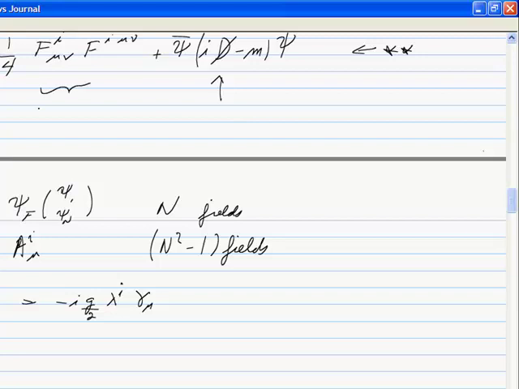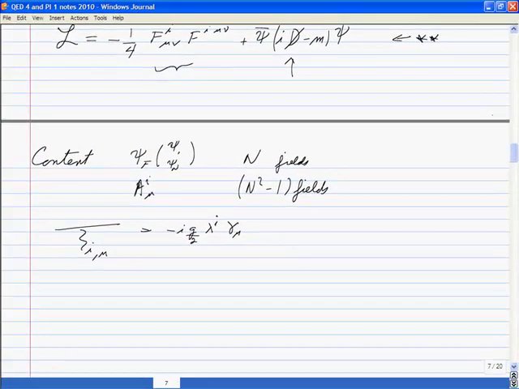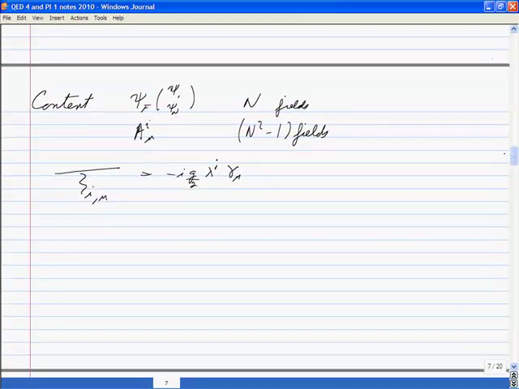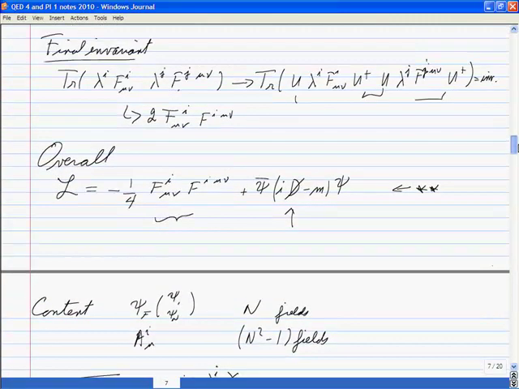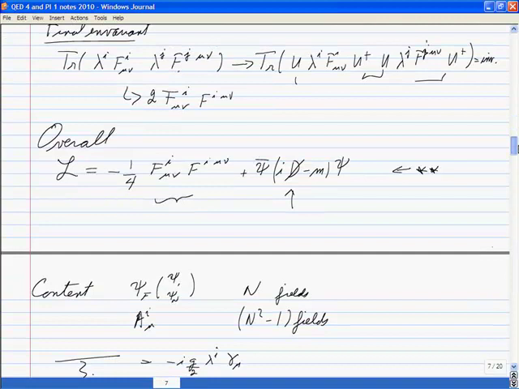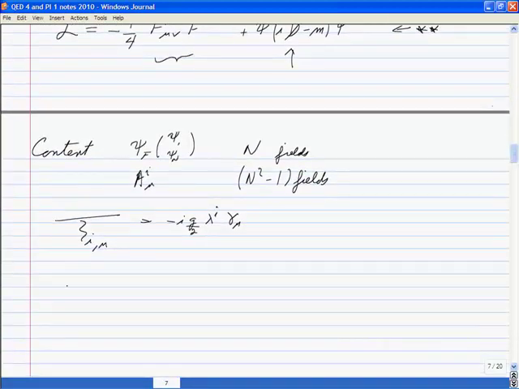And up there, there's also Feynman rules. Oh, actually, I don't quite have them all written out. Let's quickly figure out what they are. Well, I know what they are in pictures.